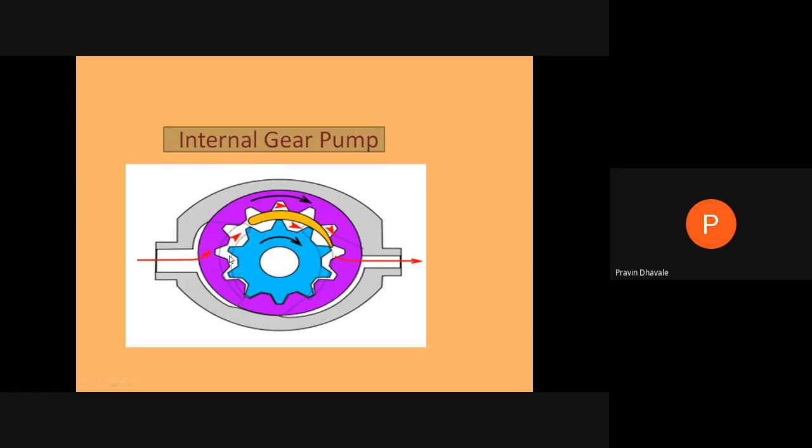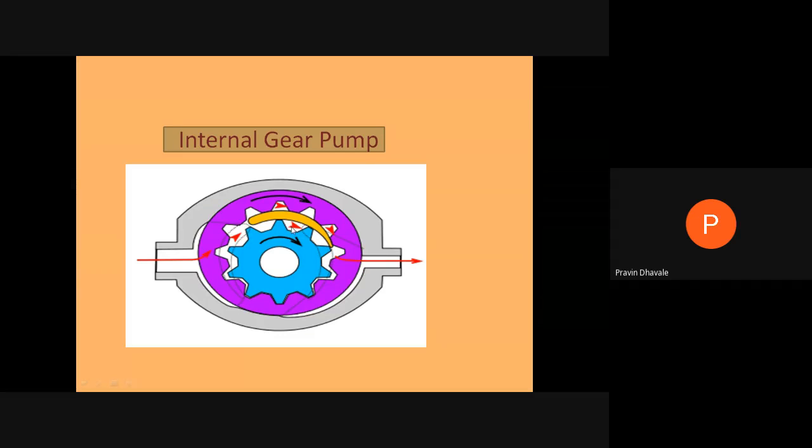It is at low pressure, and that will be trapped between these two teeth and the spacing, this pocket. In this pocket, the fluid gets trapped, and it will pass towards the discharge side.